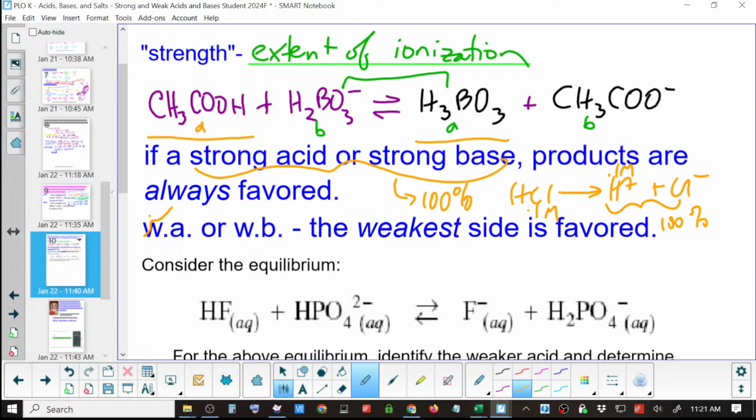Same thing here. What does WA or WB stand for, since I abbreviated? Weak base, weak acid. Acid, base, weak. And so if this is stronger, most of the stuff ends up here.